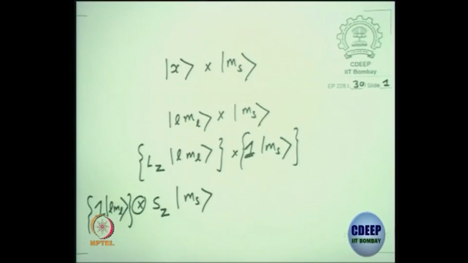Clear? So, even though I write SZ operator, it will go and operate on the respective state in the direct product space. So, this is the meaning of LZ operator in the direct product space.